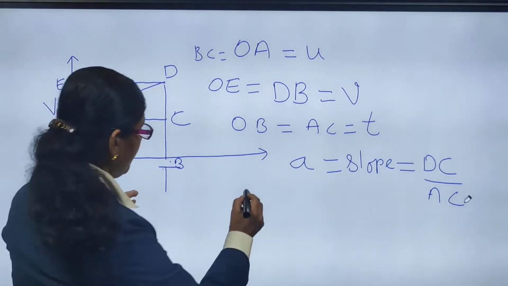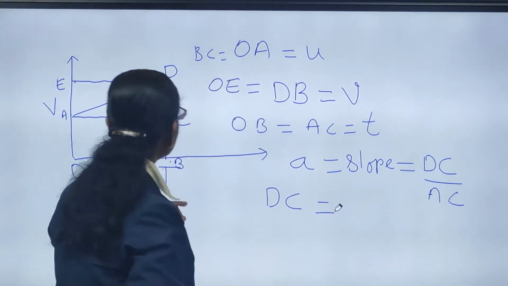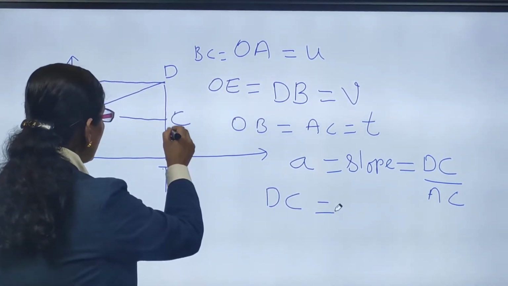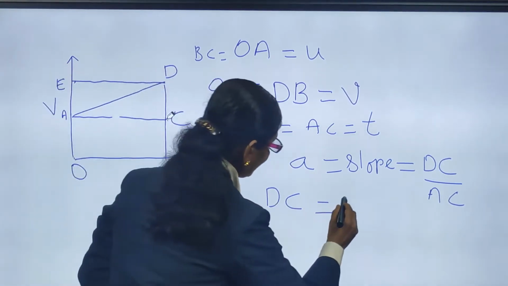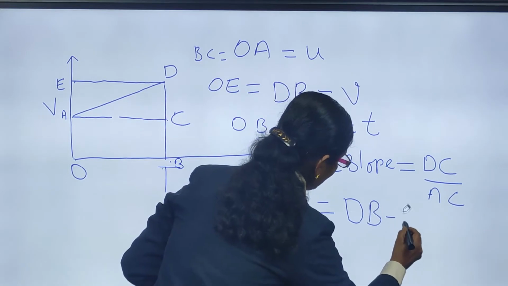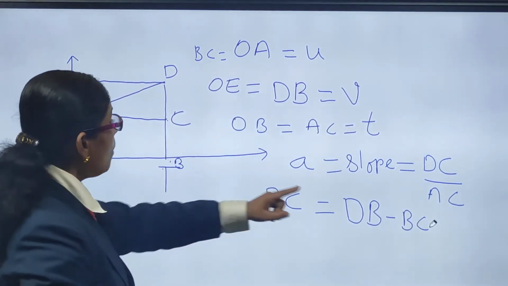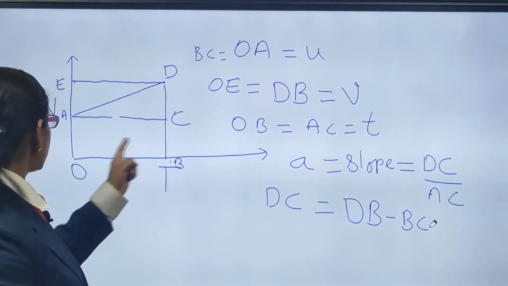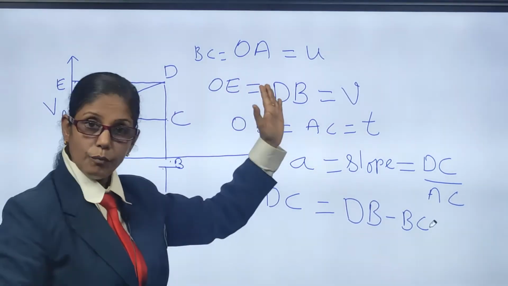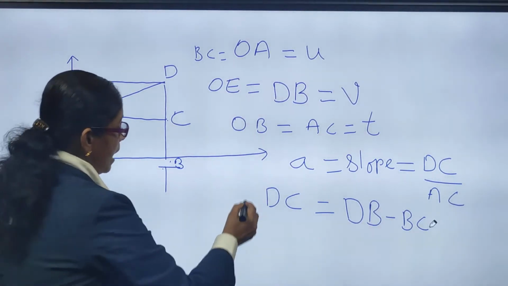Can you say? DC is equal to DB minus BC. Now, what is AC? AC is the same as OB. We are going to substitute each value from here.